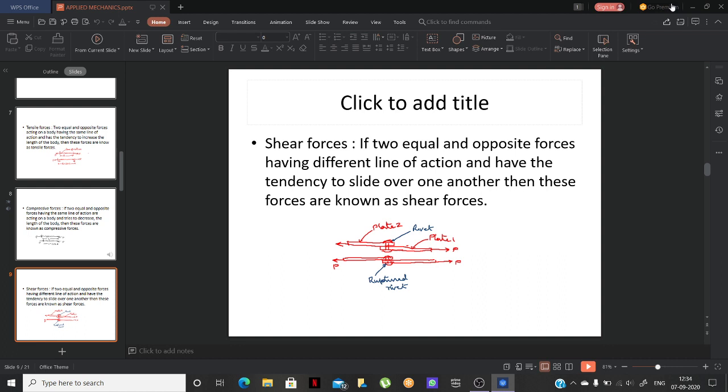Now, shear forces. In shear forces, the lines of action of the forces are parallel. The forces are not acting on the same line, but on two parallel lines. In the figure, I have shown two plates joined by a rivet, in which equal and opposite forces of magnitude P are acting.